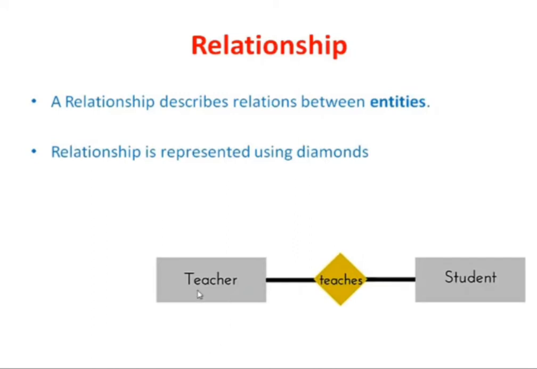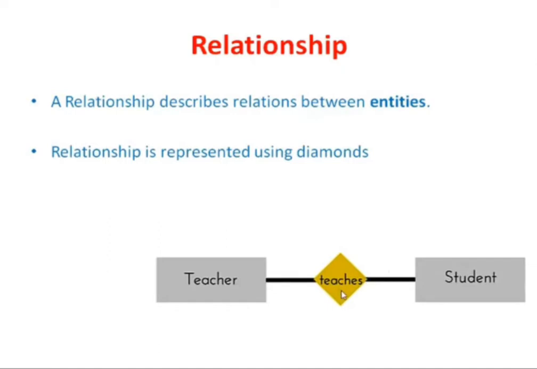With this example, anybody can understand the meaning of this diagram representation. There is an entity called teacher and an entity called student. We can easily understand that the teacher teaches a student.